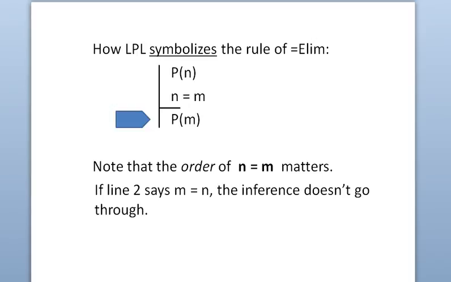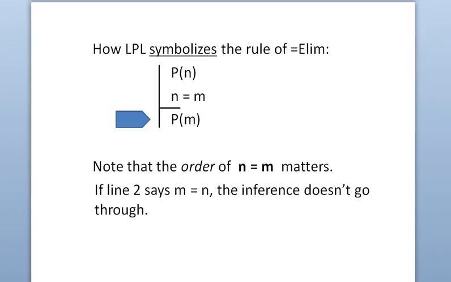Let's look a little closer at what this means. Pn means any sentence at all that contains a name, and they're using n to stand for any name at all. And then n equals m means an identity sentence that uses the same name that was in the sentence P, then an equal sign, and then another name, which they're symbolizing as m.